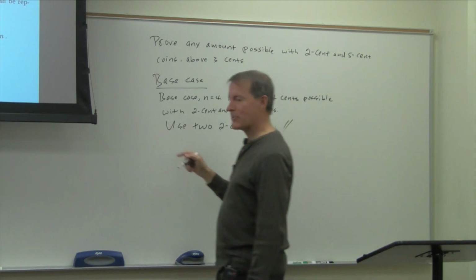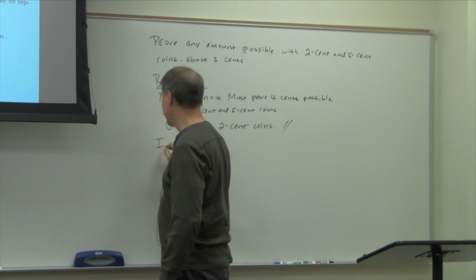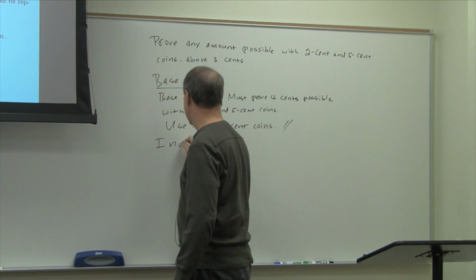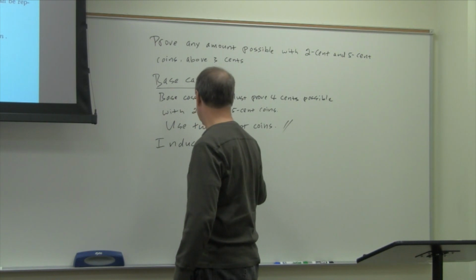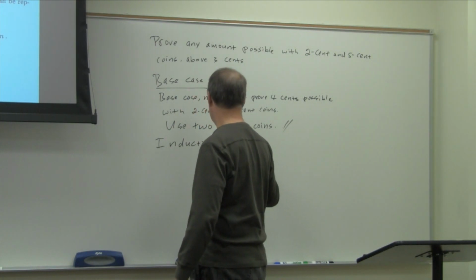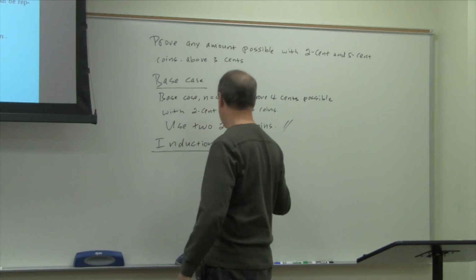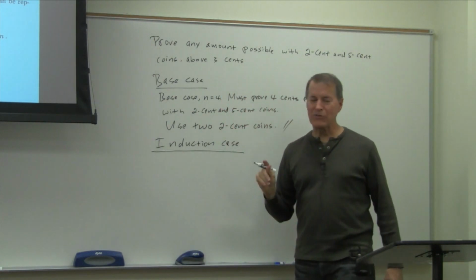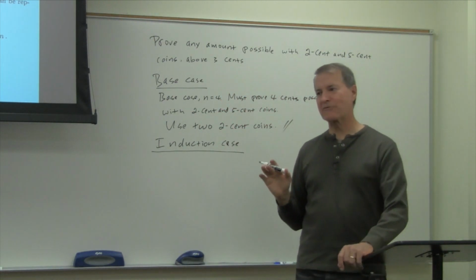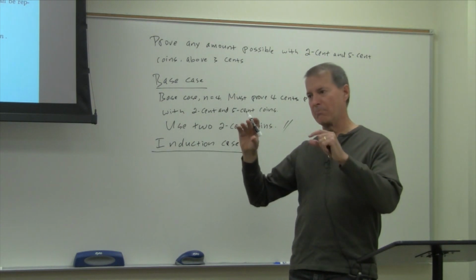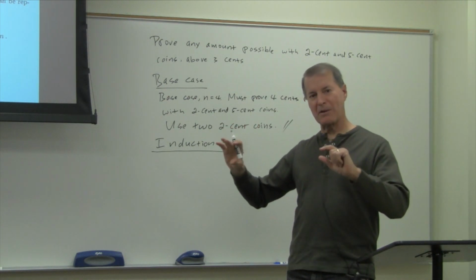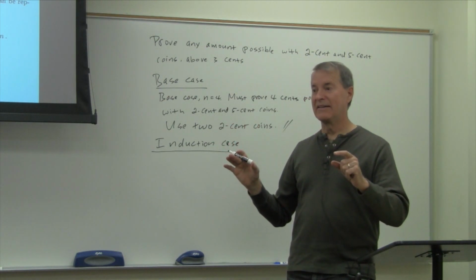Now, here comes the next case: the inductive case. Every time we do the induction case, what do we always have to write down? We must prove blah, blah, blah, assuming blah, blah, blah, as the inductive hypothesis.